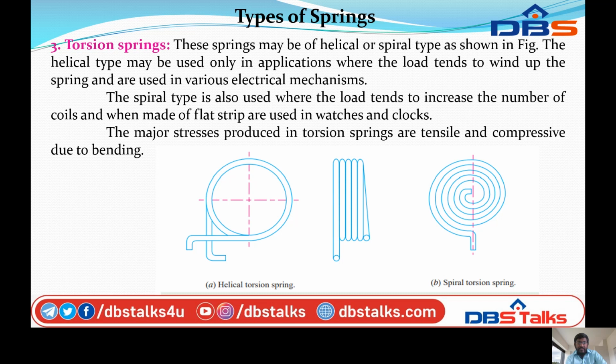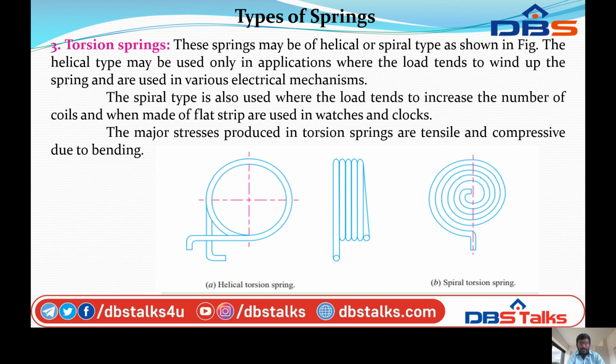So we can see figure A and figure B. These are the two figures of the torsion springs. The torsion springs are of two types, two models. So what are they? Helical torsion spring or spiral torsion spring. The helical torsion spring will be used in electrical mechanisms.